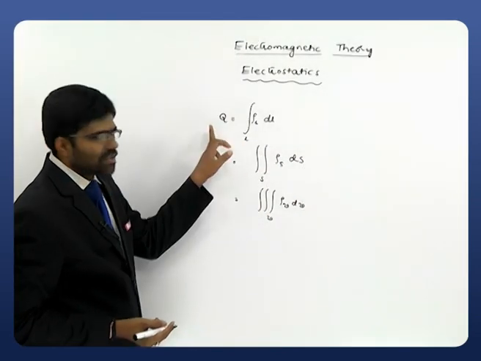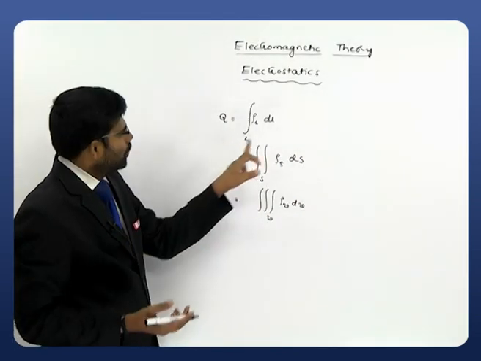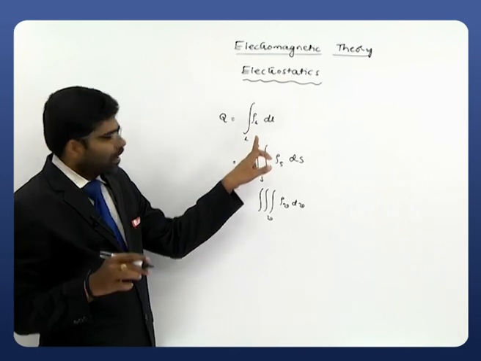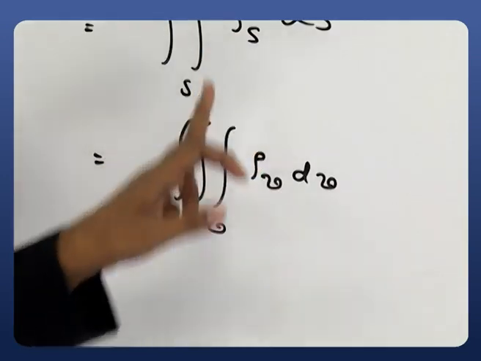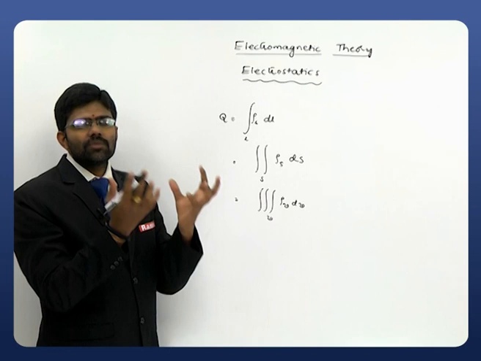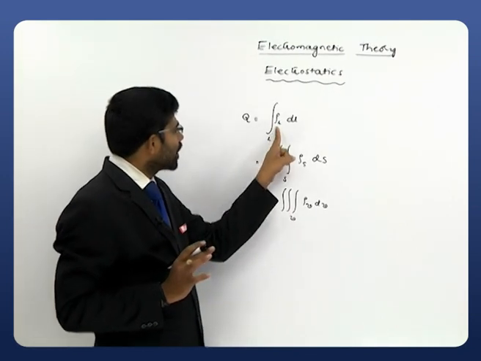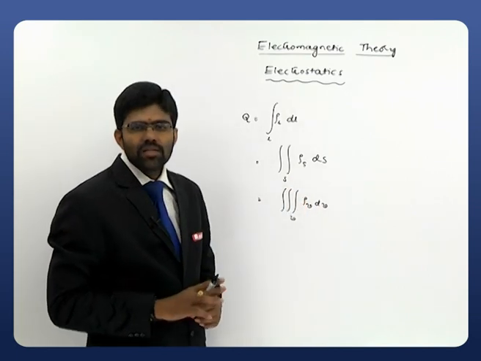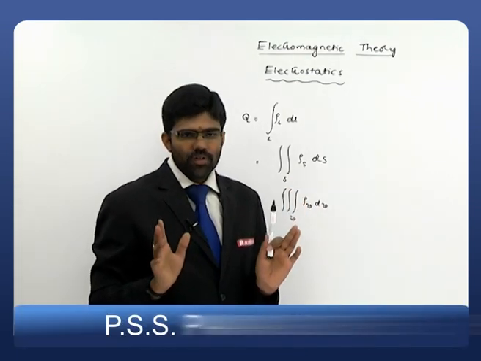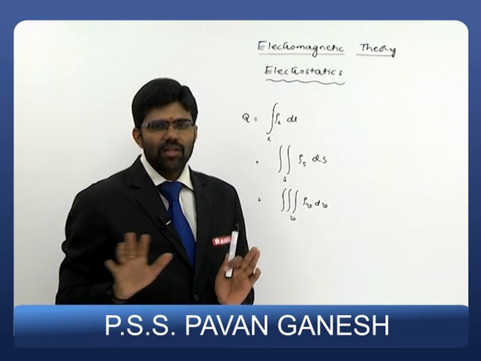So clearly, the same charge can be obtained from its line charge if there is a line, surface charge if there is a surface, and volume charge if the charge is within that particular volume. And clearly remember, in all these cases, the line charge, surface charge and volume charge, the charge was uniformly distributed. That is what we will assume for the entire course.